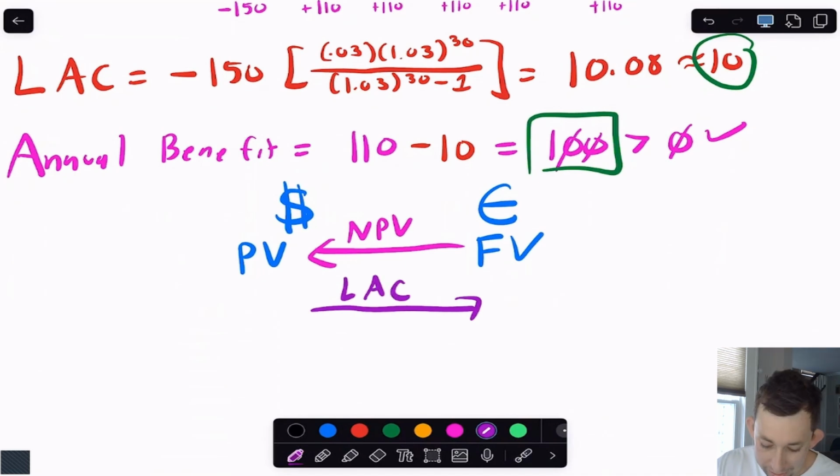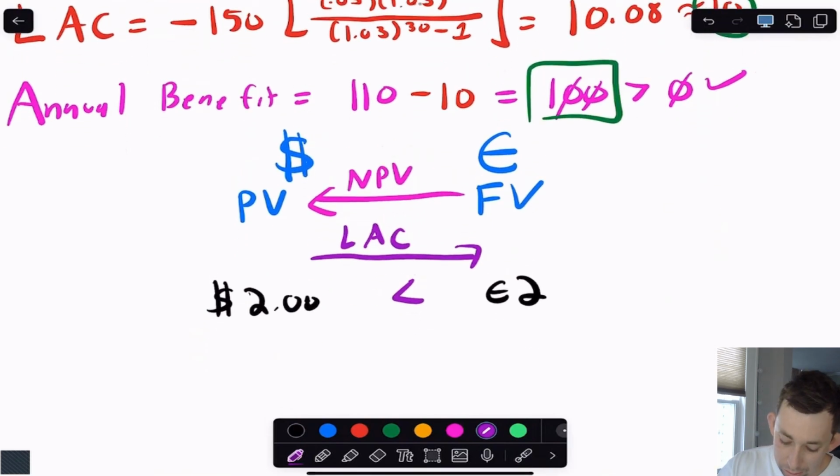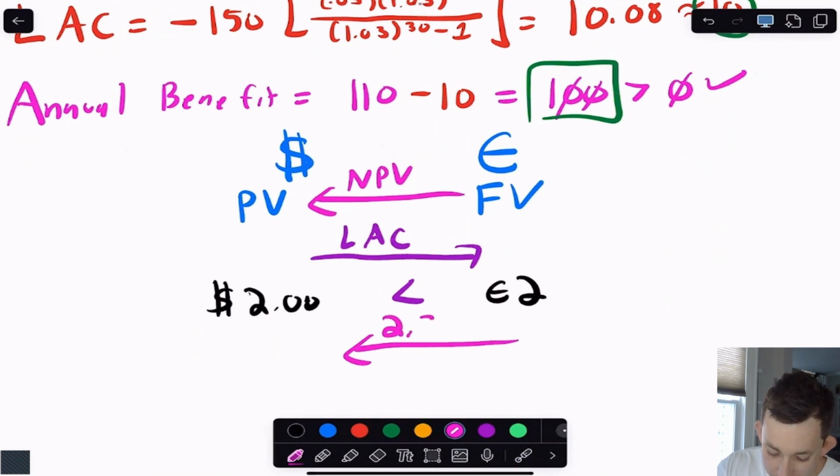And so all we're saying is, well, suppose this is $2, and suppose this was like 2 euros. Well, if 2 euros is bigger than $2, so if I know it goes like this, well, if I convert 2 euros to dollars, so I go this way, then what I should get is something more than $2. So maybe this is like $2.30, depending on what the exchange rate is.